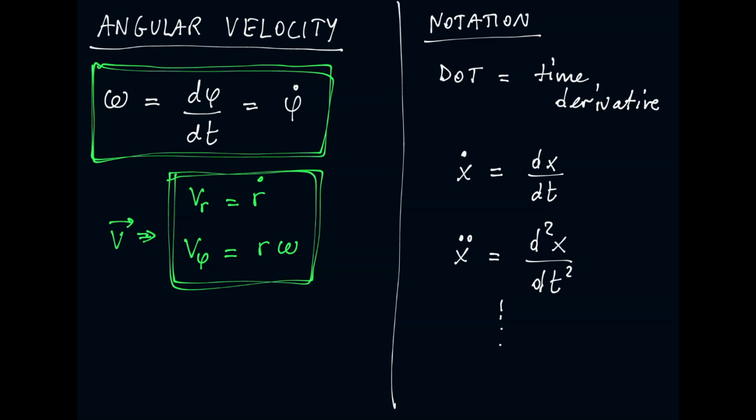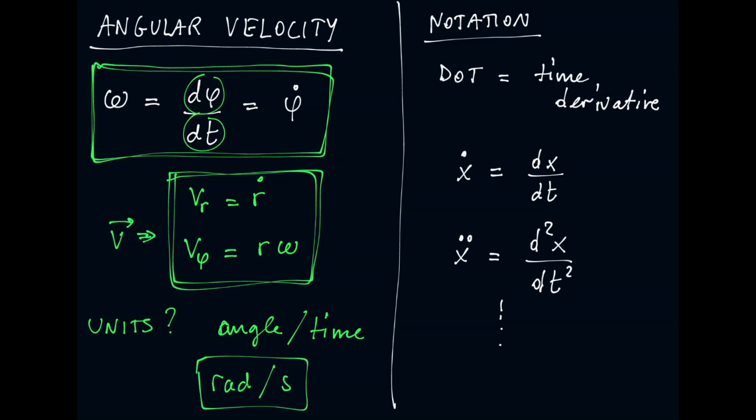Very nice. What are the units of omega? Well, it's an angle divided by a time. So in general, any angle divided by time is the correct physical dimension. In SI units, this would be radians over seconds. Because radians are formally dimensionless, you can also find just 1 over second as your unit.